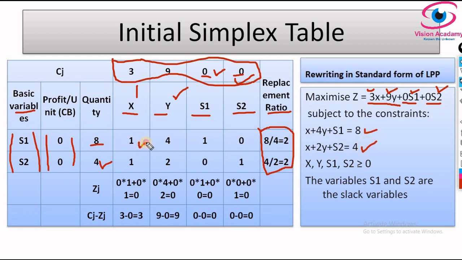The x value in the first constraint is 1, the y value in the first constraint is 4, and the s1 value in the first constraint is 1, there exists s1.